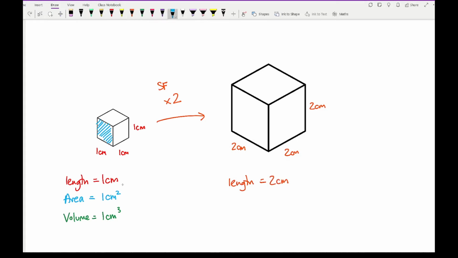The cross-sectional area is going to be 2 times 2, which is 4 centimeters squared, and then the volume is going to be 2 times 2 times 2, which is going to be 8 centimeters cubed. So you can see here that although the length scale factor has been doubled, the area hasn't doubled and the volume hasn't doubled.